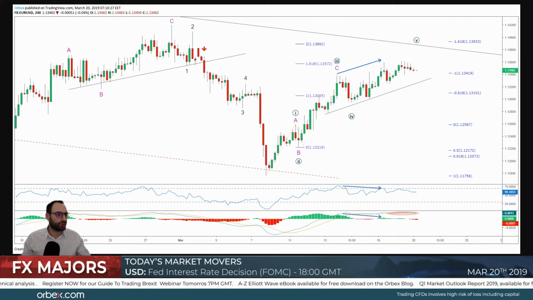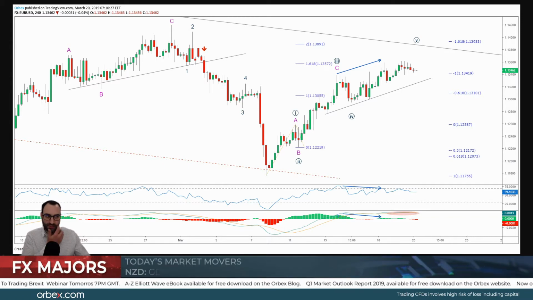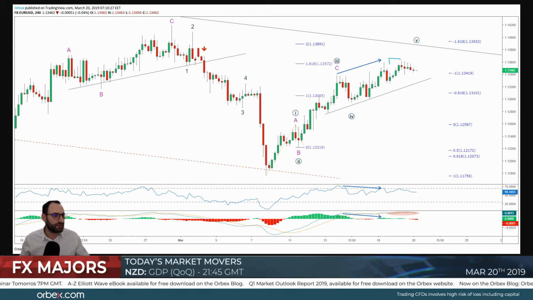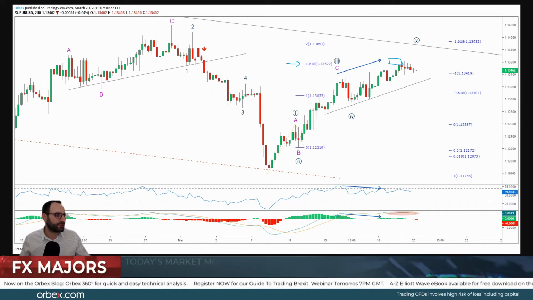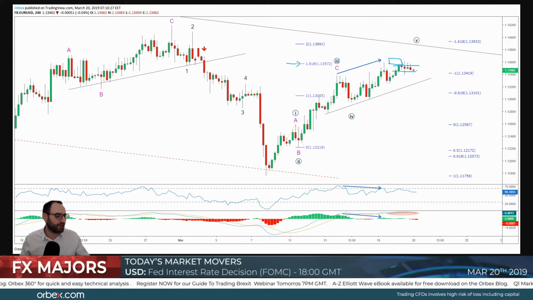Start with the euro-dollar. We talked about euro-dollar last time. We were expecting prices to start moving lower, a little bit lower at this level, which is the golden extension around 113.60. We are seeing some sort of, not significant pressures, I would say, but some sort of bias over here.